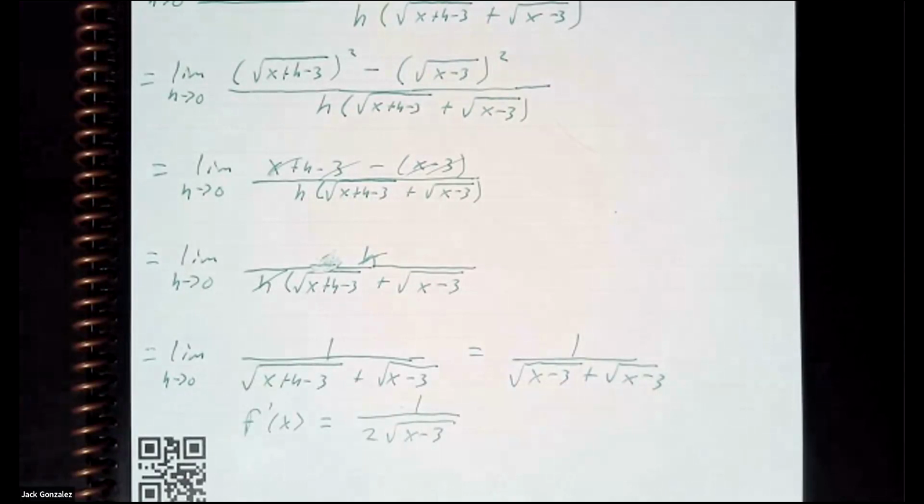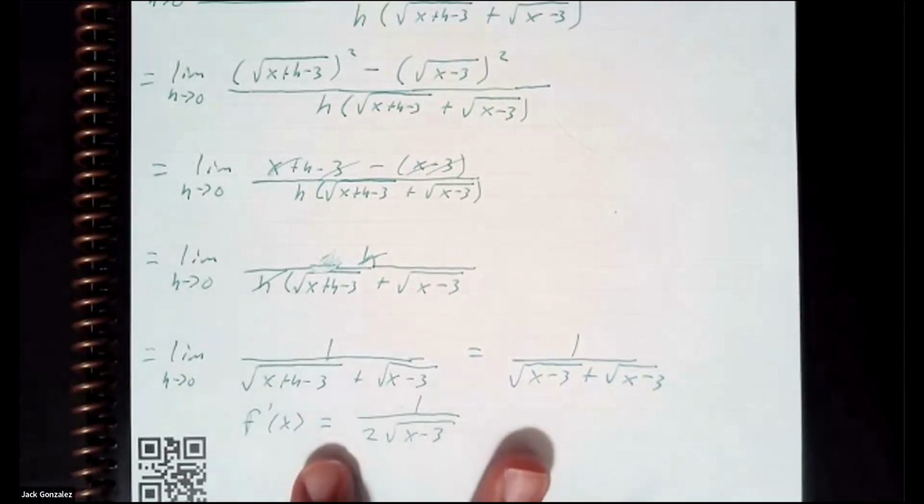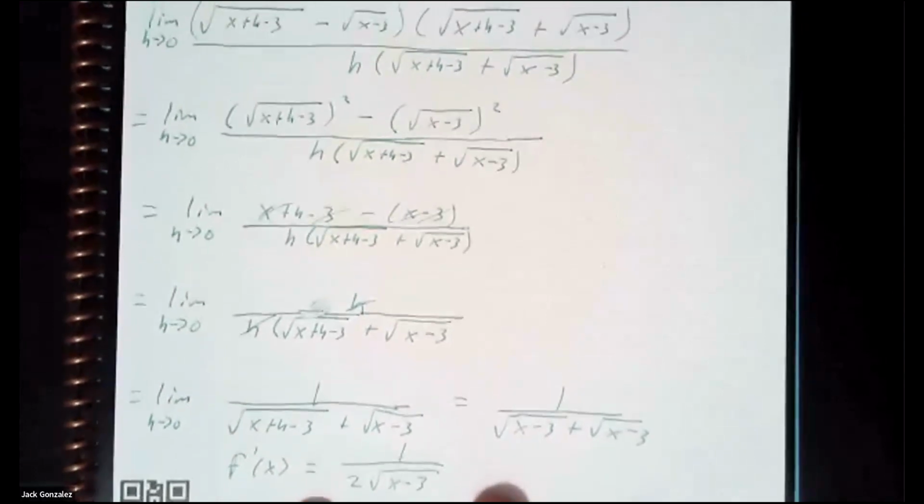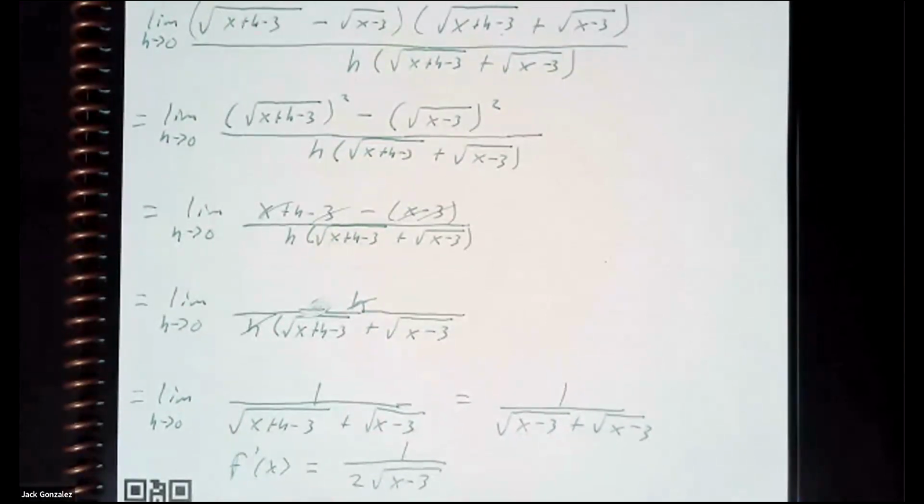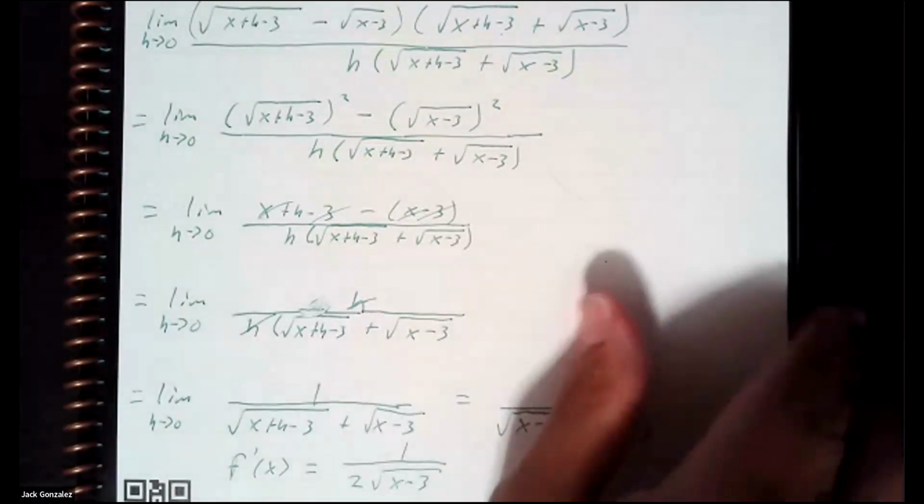Okay. Now that we have the derivative function, we can do step 2. You guys cool with the limit process on all these steps before we move on to step 2? Yeah, let me know if something's weird or if I make no sense.